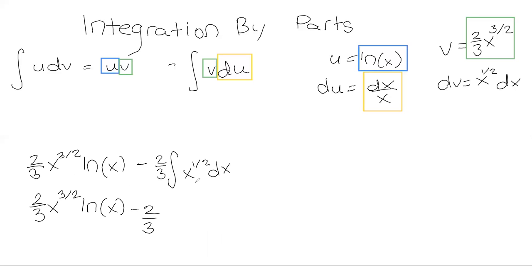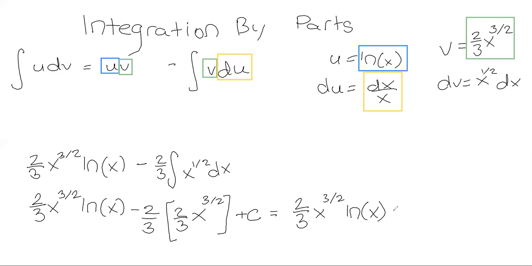So we're going to get this times 2/3 in addition to the 2/3 we already have there. So it's going to be 2/3 times 2/3 x to the 3/2 plus c. So this is what we get for our final answer. I'm going to actually combine these. I'm going to make this minus 4/9 x to the 3/2 plus c.